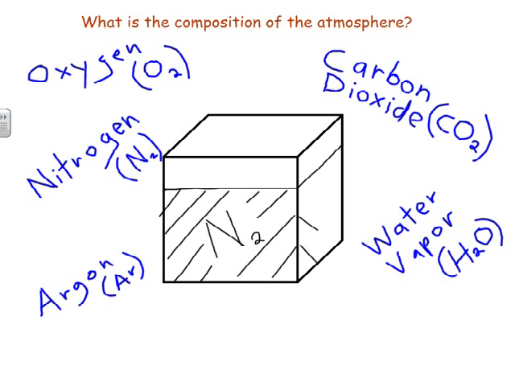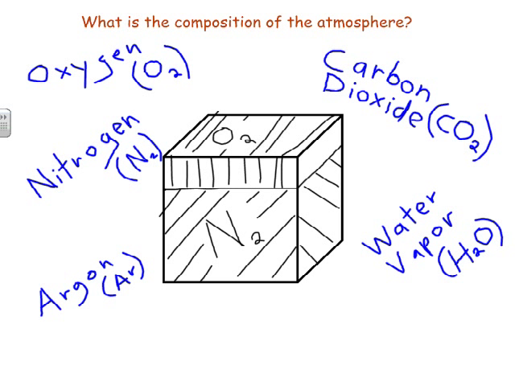That's the majority of what you're taking a breath of. 21%, so we don't have a whole lot left, right? 21% is oxygen. And just that little bit on the side is all the other gases, the carbon dioxide, the argon, water vapor. That's everything else fits just into here.